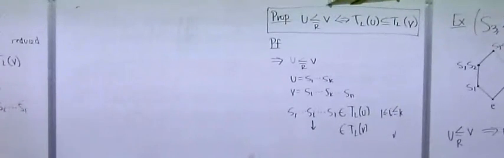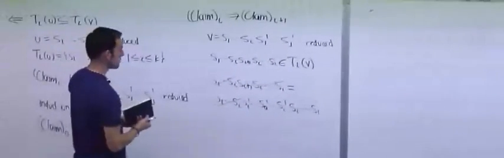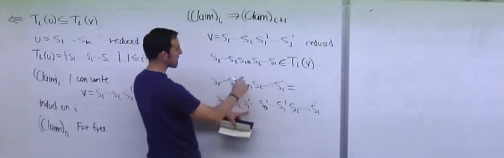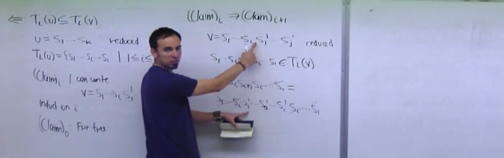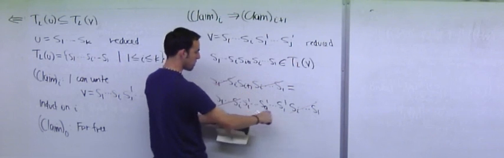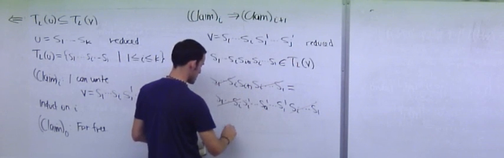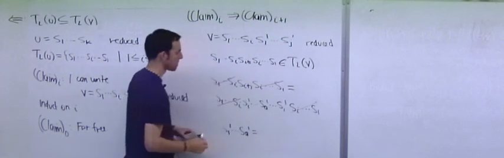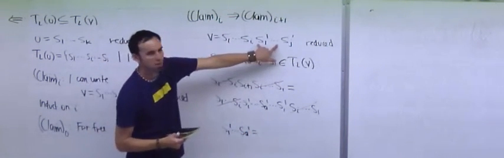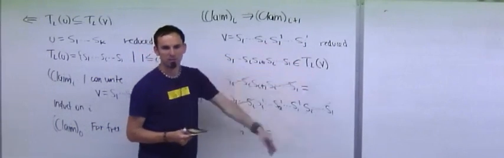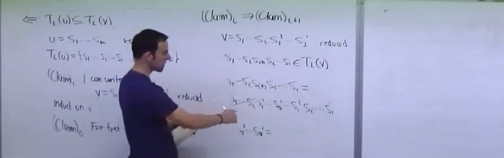So Si plus 1 looks like this. And so let me rewrite this a little bit differently, because what's my goal? Well, it's basically to get Si plus 1 to go in here. Yeah? And so what I'm going to do is take S1 prime up to SA prime, which is over here. And I would like to replace it with Si plus 1, and so on. Right? And that's exactly what I am allowed to do here.